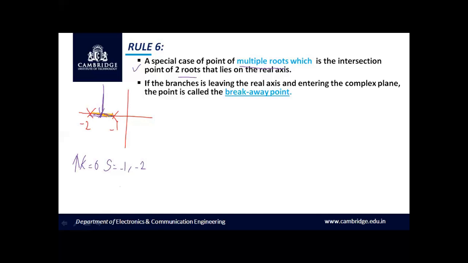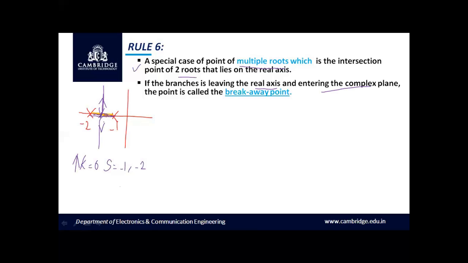It is trying to break away at this point. And again this branch is trying to break away at this particular point. That is, it is trying to enter the complex plane. The branches are leaving the real axis and entering the complex plane.